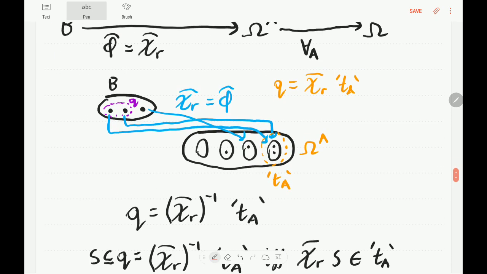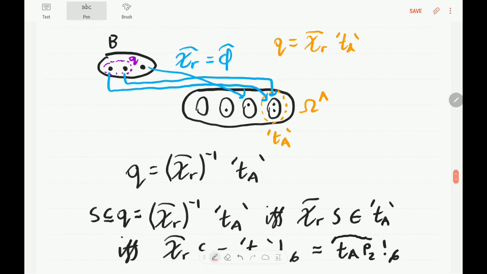So we have Q, like I say, we can write it as the pullback of the name of TA over chi R bar, or we can write it as chi R bar to the minus 1 operating on the name of TA.